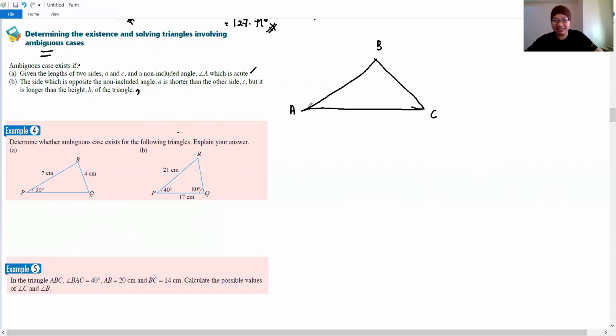Now, let's say I have this kind of angle, and I have angle A, which is an acute angle, less than 90, right? Let's say I put 35 degrees here.